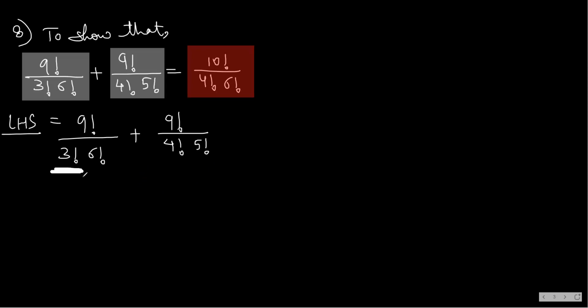For 3 factorial, you have the increased consecutive 4 factorial, and for 6 factorial, you have the decreased consecutive 5 factorial. In the right hand side, this numerator is getting increased by 1. So it becomes 10 factorial.